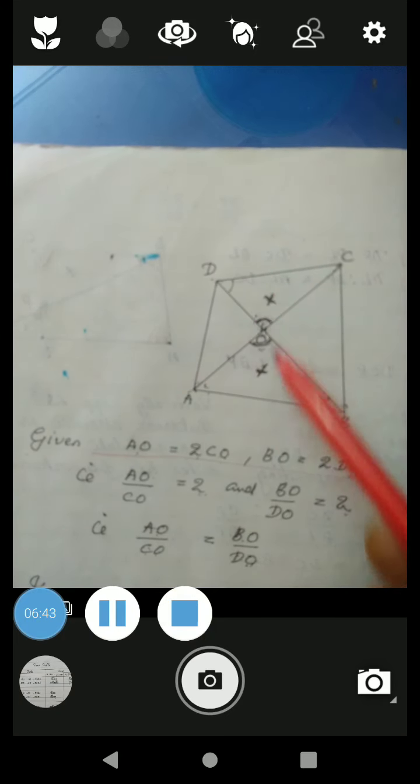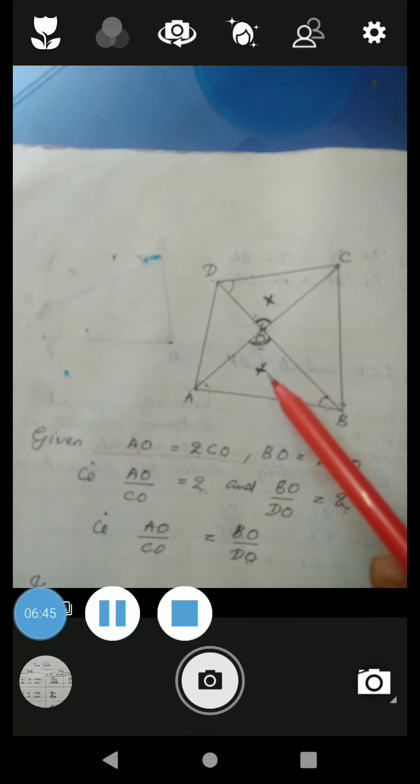First we have to prove these two triangles similar. Second one, OA into OD equal to OB into OC. After proving this, we will get that OA into OD equal to OB into OC.